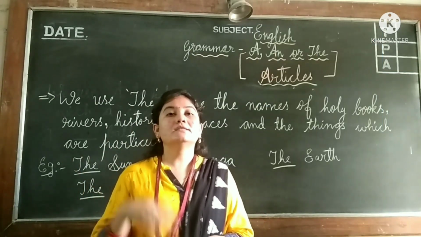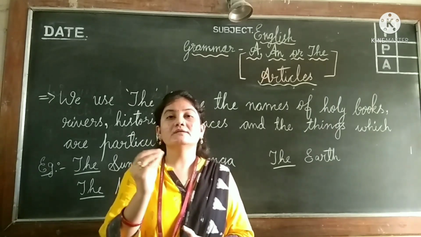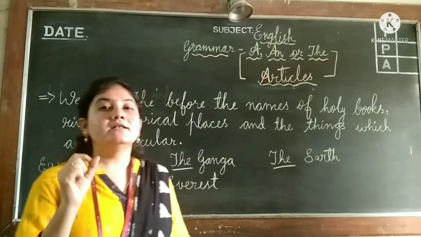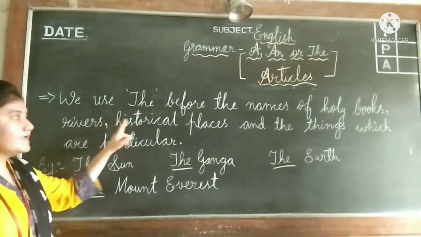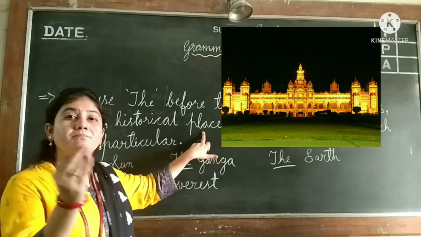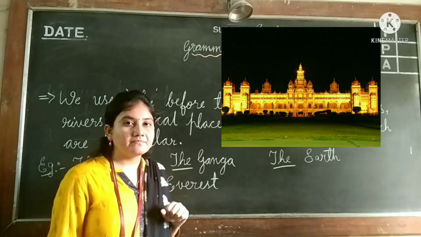Okay. So these are the examples, children, of where to use the. Here we will be using the in the names of holy books, rivers, historical places. For example, historical place, Mysore Palace is there, isn't it? Have you visited the Mysore Palace? Yes.